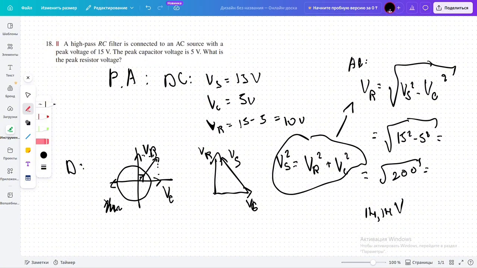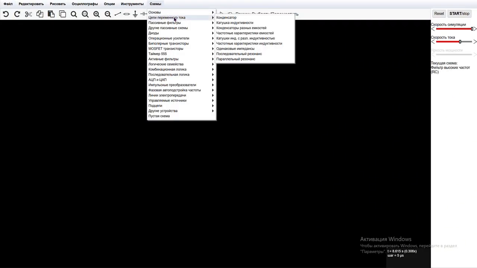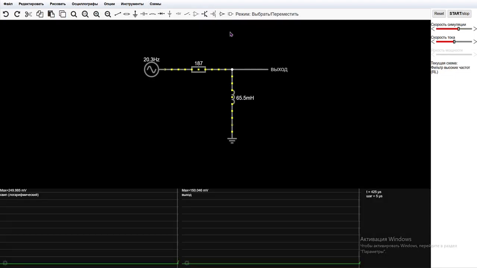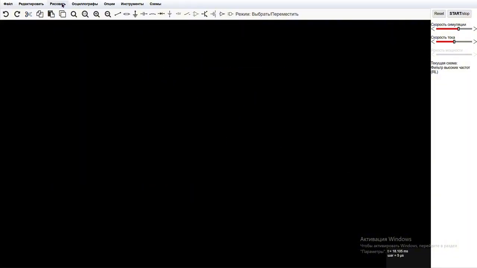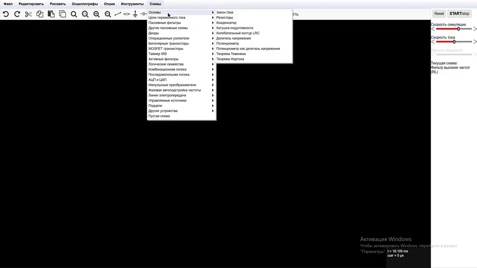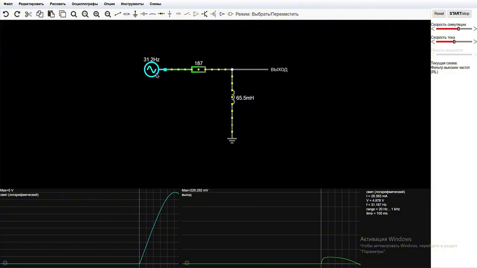So now let me show you. To prove this, let's look at the Volstad simulation. Let me build it faster. I will just use, from circuits, the high pass filter RC. Let me delete this. Let me add what we have. Actually, let me delete only this one.